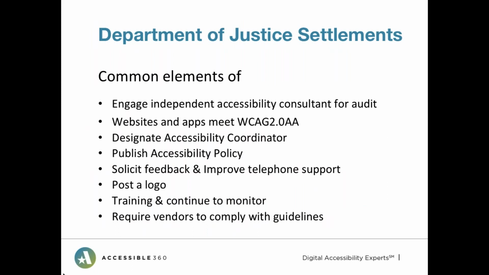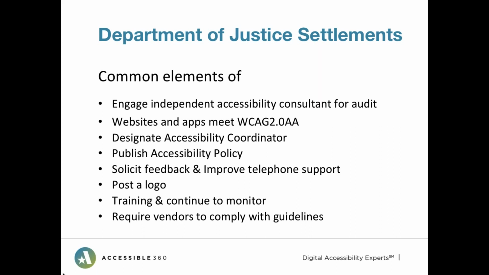There are common elements of any of the prior Department of Justice settlements. And I want to talk about this because the way that we've developed our services and our game plan for helping people proactively with this is really based on what we see the DOJ ruling and making people be accountable for if they settle, if the Department of Justice gets involved, if they issue what's called a statement of interest on your individual case, if there's one.